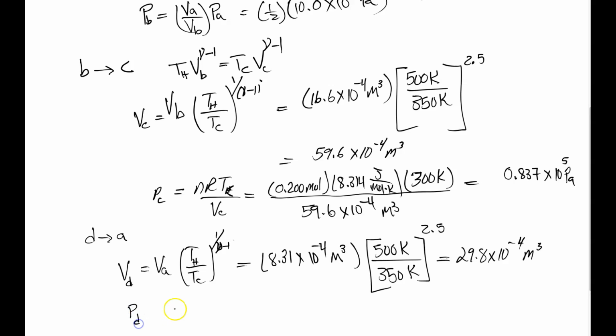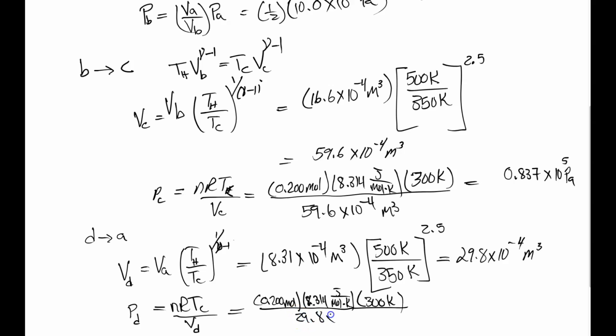Then the pressure at point D is going to be nRT over V_D. Since the temperature is constant between C and D, the temperature at D would be the same as the temperature at C, which equals 0.2 moles, 8.314 joule per mole Kelvin, times the temperature at C, which is 300 kelvins, over 29.8 times 10 to the minus 4 meters cubed, which will give us 1.67 times 10 to the 5th Pascal.